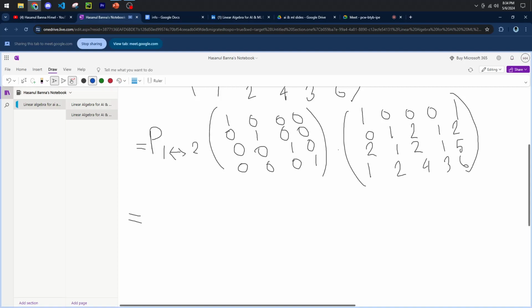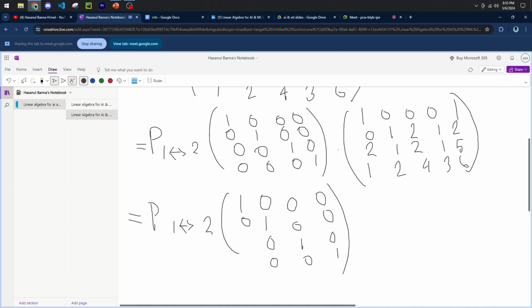Let us do P1,2 and our identity matrix: 1 0 0 0, 0 1 0 0, 0 0 1 0, and finally 0 0 0 1.